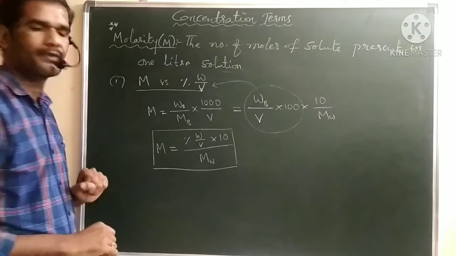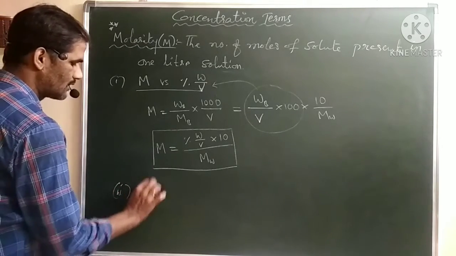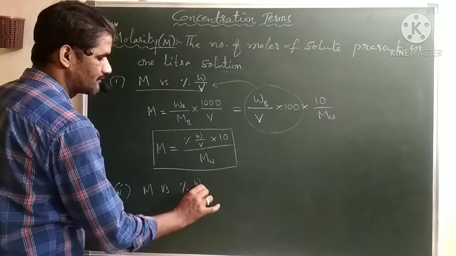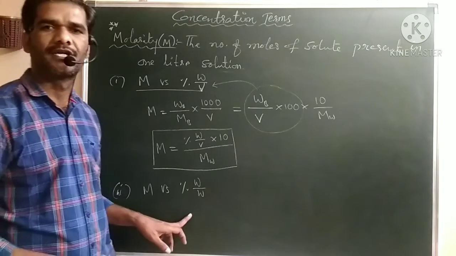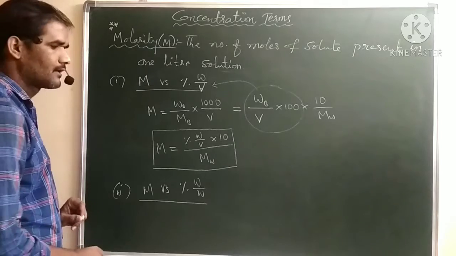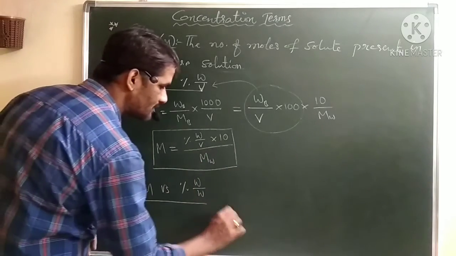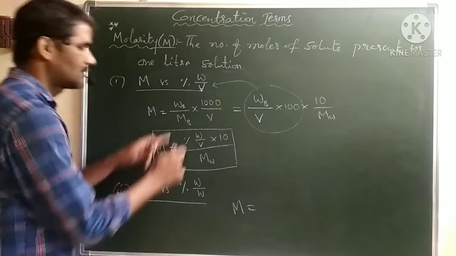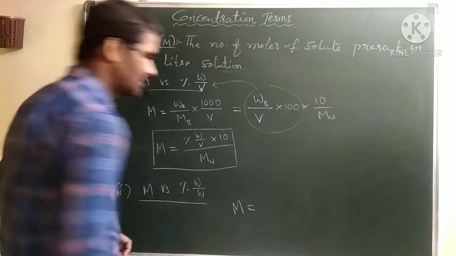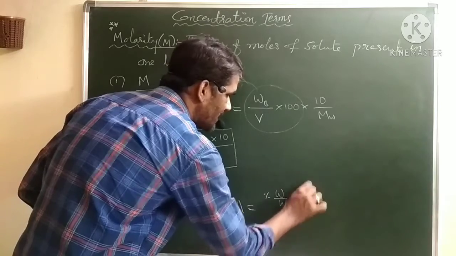Similarly, we can take the second relation, that is molarity versus percentage weight by weight, that is mass percentage or weight percentage. If you expand this formula further, then we will get molarity is equals to percentage weight by volume in terms of percentage weight by weight, that is percentage weight by weight into density.